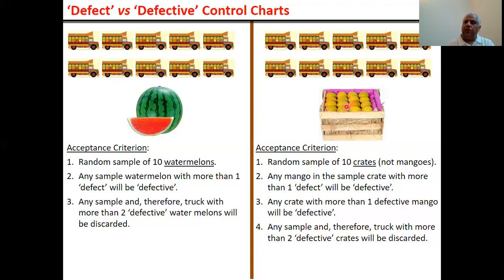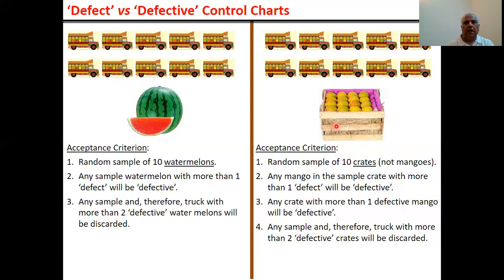You will obviously inspect all the mangoes in these 10 crates. And if there is any mango with more than one defect, that would be considered as defective.